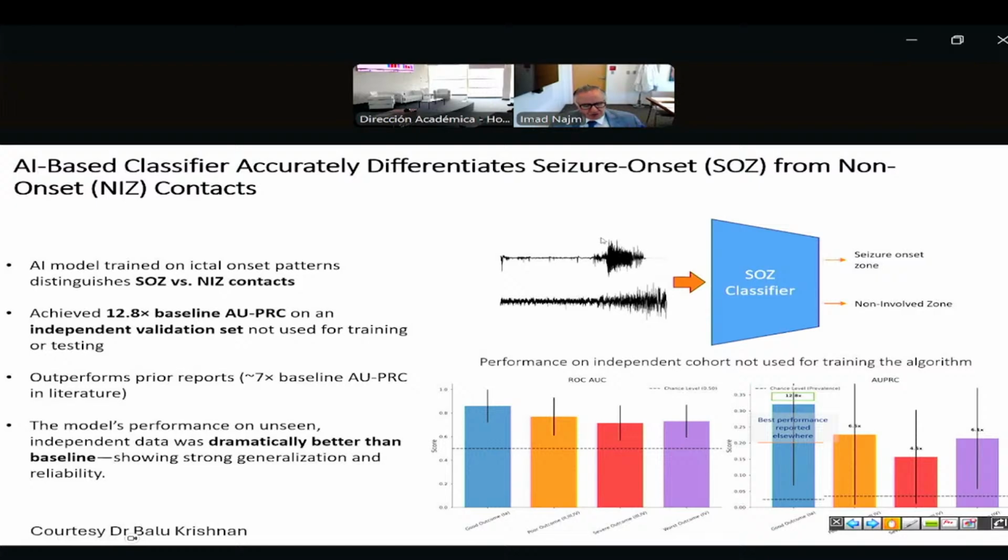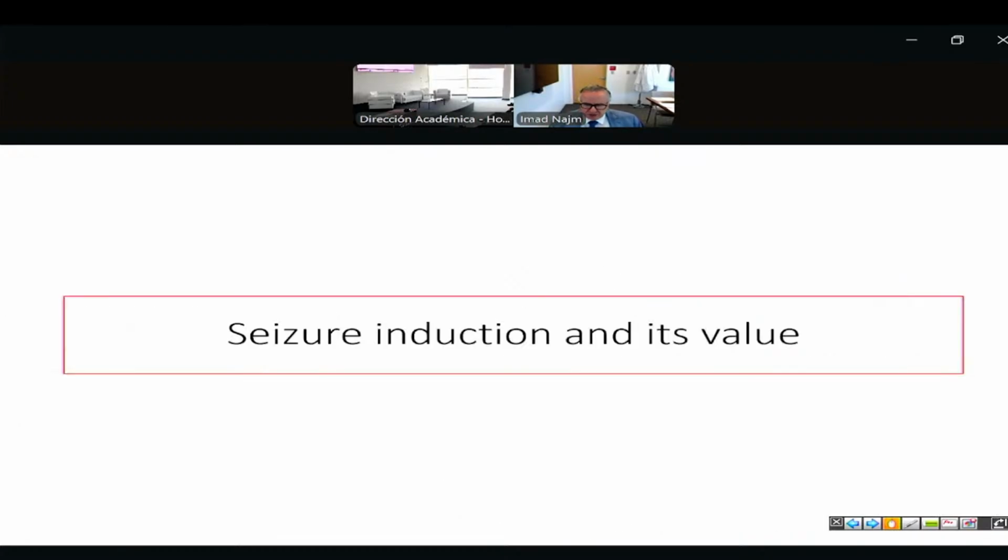We know the frontal lobe in no time is connected to the parietal lobe, and they both are involved. And hopefully using models like this, and to some extent the EEG fingerprint time frequency analysis, will get us to differentiate between the ictal onset from the spread, or what Ballou called the non-involved zone.